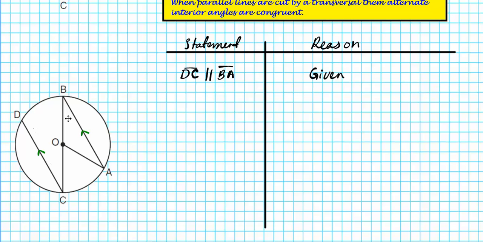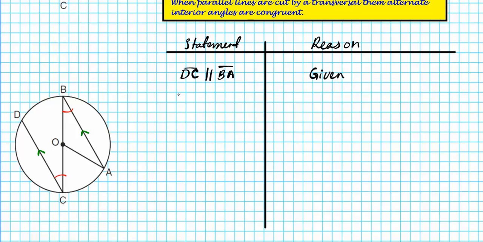Now, if you have two parallel lines cut by a transversal, I mentioned it earlier, this region right here between the two parallel lines is known as your interior, okay? And cool things happen with the interior angles, depending on how you group them. One of the cool conclusions you can arrive at is that the alternate interior angles, angle C and angle B, are alternate interior angles, and they are congruent, okay?